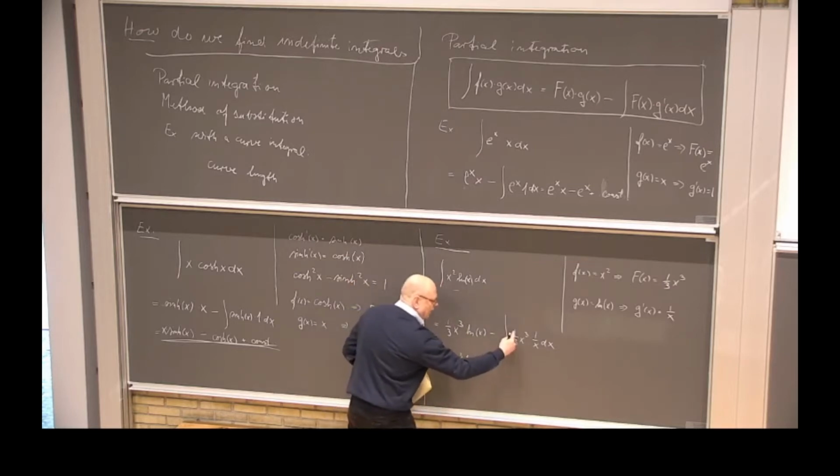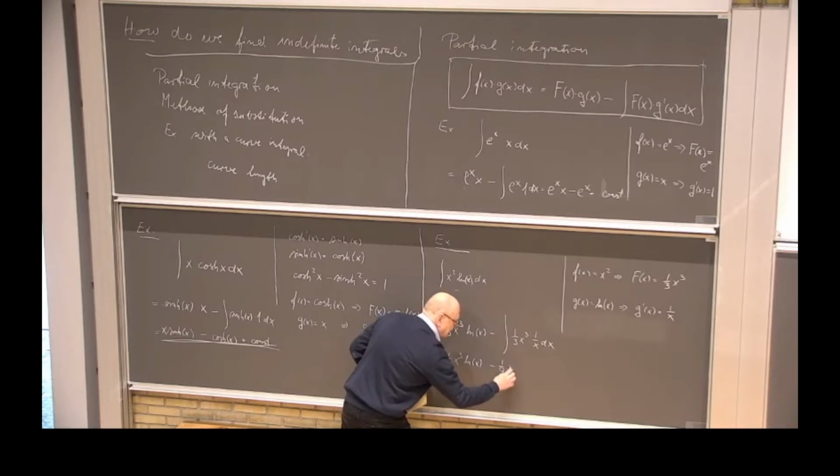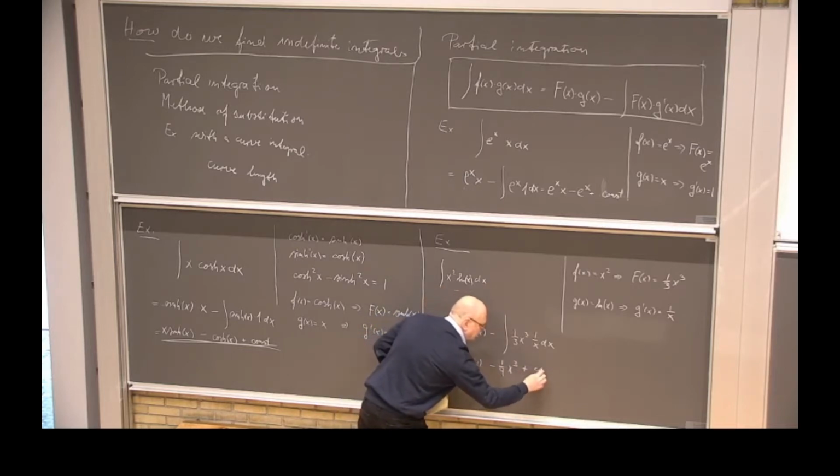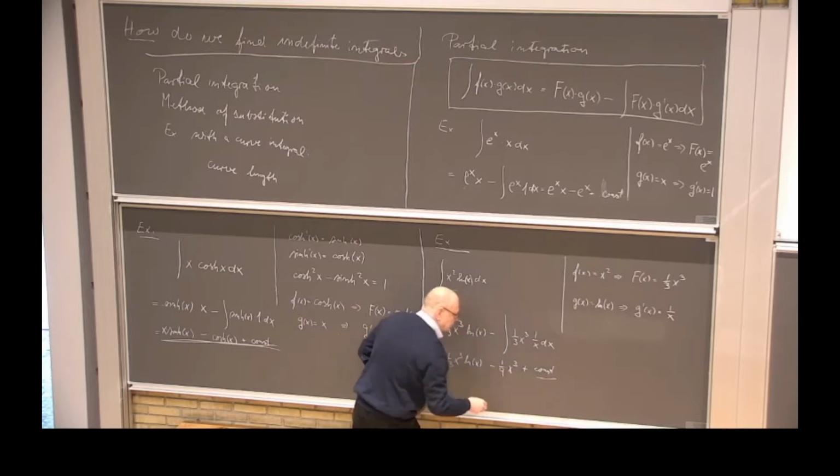So you have 1/3 times 1/3, that is 1/9, x cubed, and then again plus some constant.